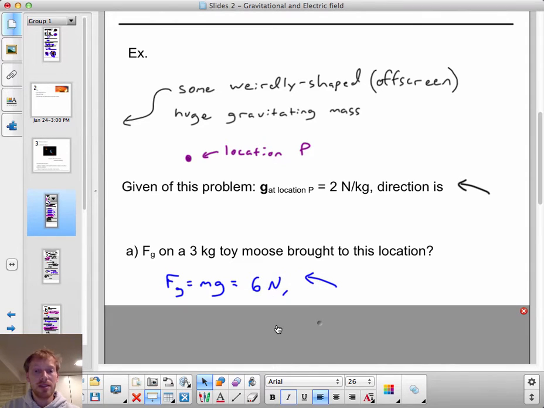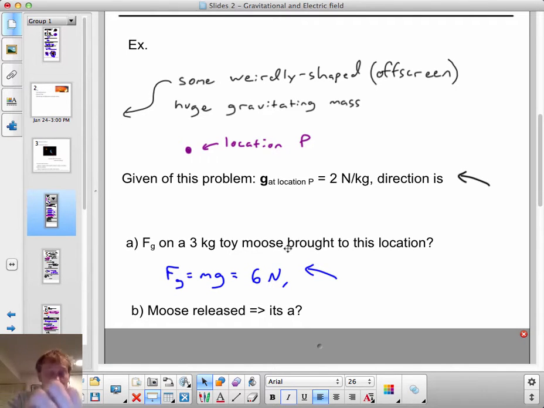Well, this is the statement that's the definition of g, the definition of gravitational field. Fg equals mg, or as I wrote it above, gm. So the amount of gravitational force that a moose brought to that location would experience is 6 newtons, toy moose. And the direction of gravitational force it would experience is a little bit up and to the left.